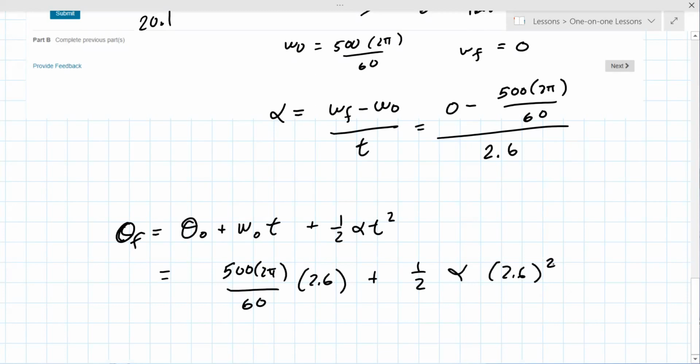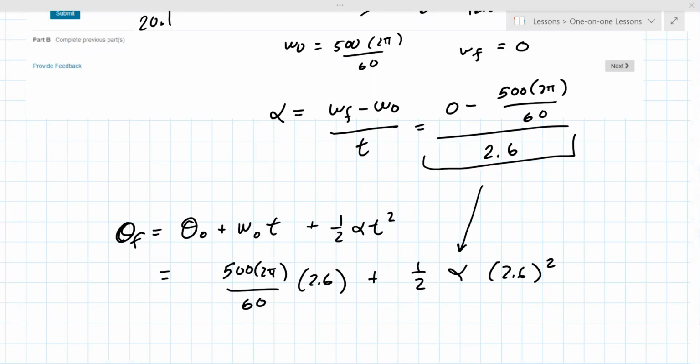Is it alpha 2.6 squared? Well, all of this is alpha, but you should know by now that you can't use the reduced version. You have to use the non-reduced version. Like you have to go out to a bunch of decimal places to find it. So yeah, it was 20.14, but you really want to go with the much larger expression.